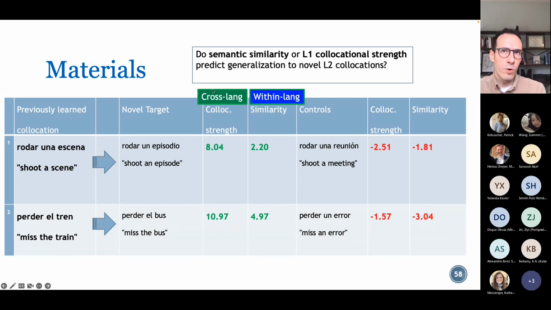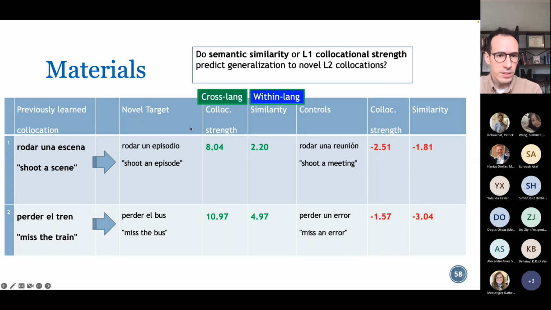If generalization, however, relies more on knowledge of the first language collocations, then a second measure we can use is the collocational strength or the collocational status of the first language equivalents for these collocations, right?